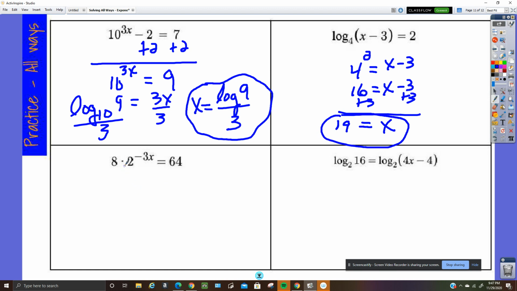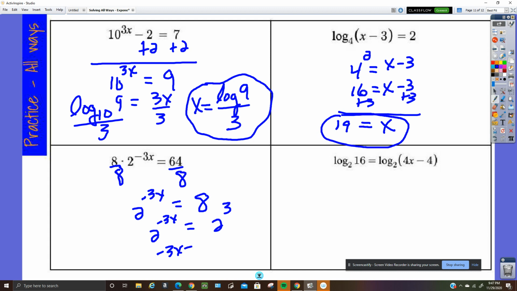This one, you divide by 8 here. So this one you could actually finish by getting the same base here. So 8 is 2 cubed.